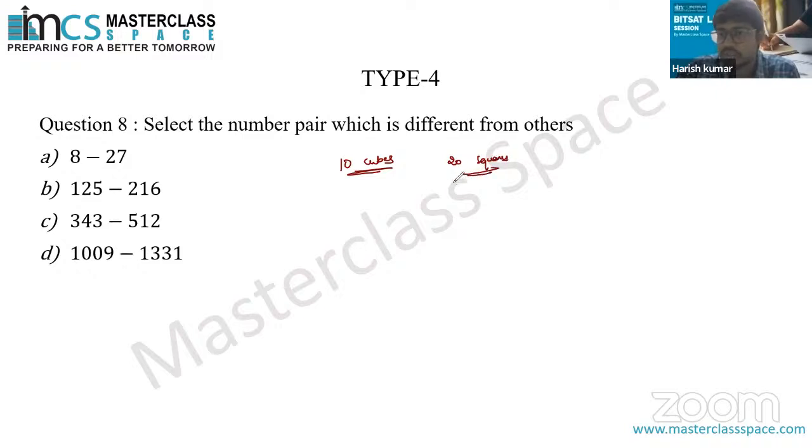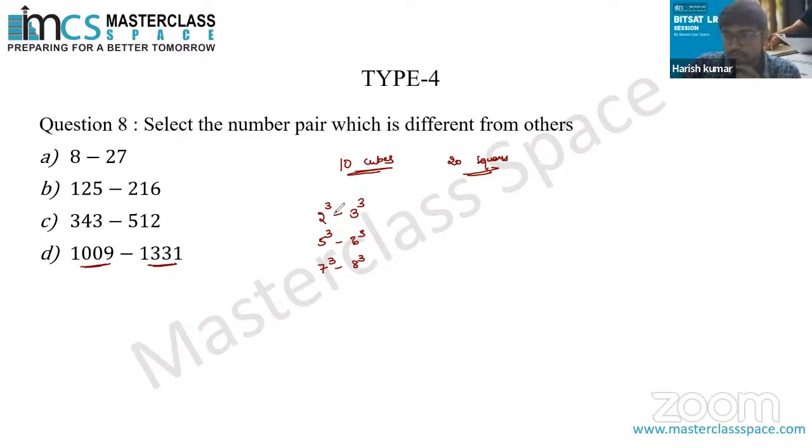You must be in a position to clearly memorize them, okay. So what is the logic here? 8 is nothing but 2 cube and 27 is nothing but 3 cube. 125 is your 5 cube and 216 is your 6 cube. 343 is nothing but your 7 cube and 512 is nothing but your 8 cube. 1009 is not a cube of any number and 1331 is 11 cube, right? So this is the only place where we do not have cubes, right?